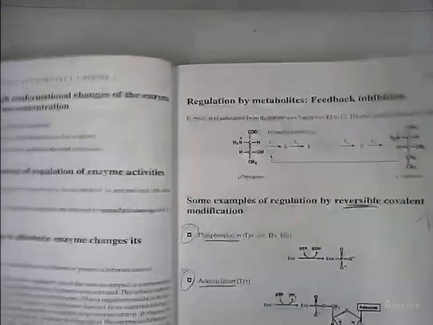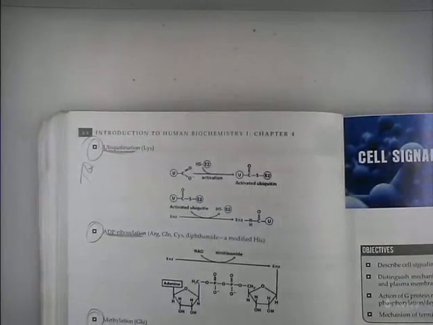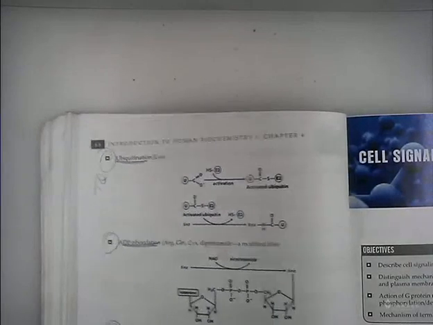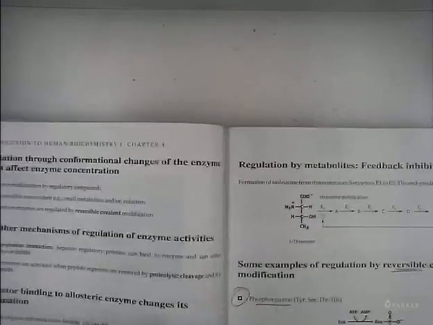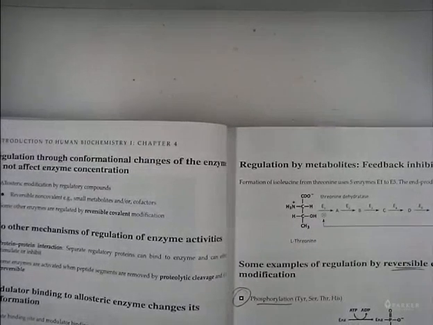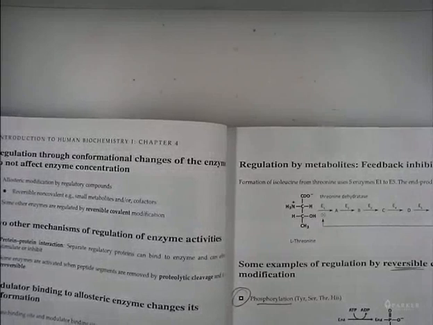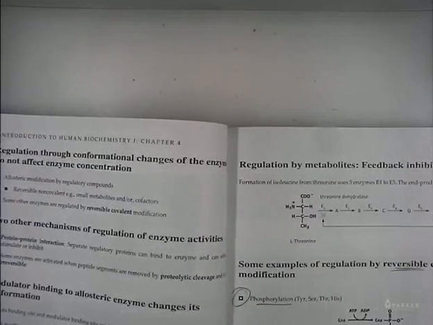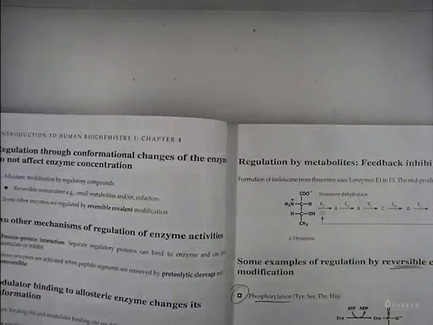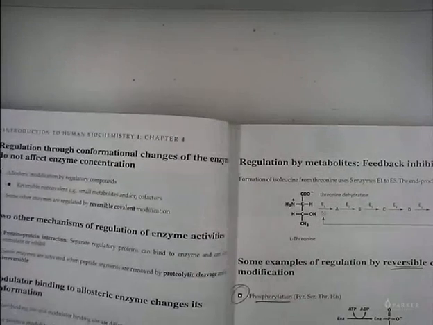So he'll say, which of the following is an example of a type of reversible covalent modification, and you'll have to pick one of those. Or he'll say which of the following isn't, and the answer will probably be something like carboxylation, because that's not one of those 7.